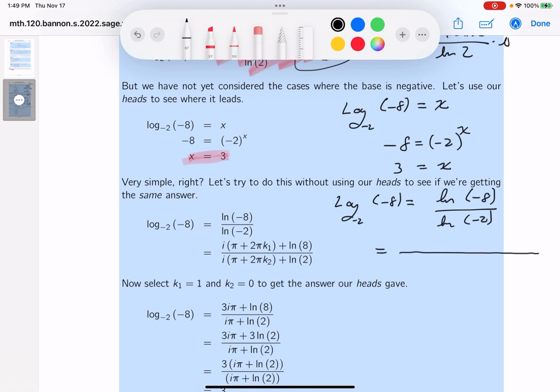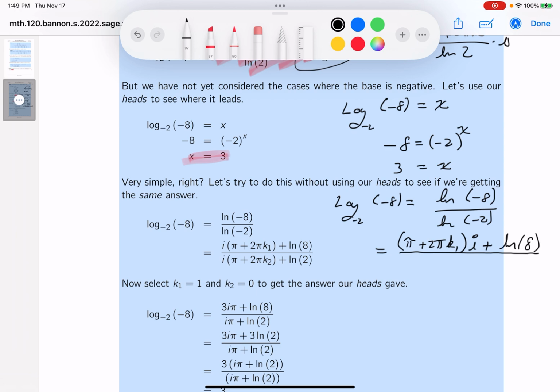We're going to get, let's be very careful over here, pi plus 2 pi k. I got two problems, one on top, one on bottom. So k1 i plus, by the way, that's the natural log of minus 1, plus the natural log of 8.